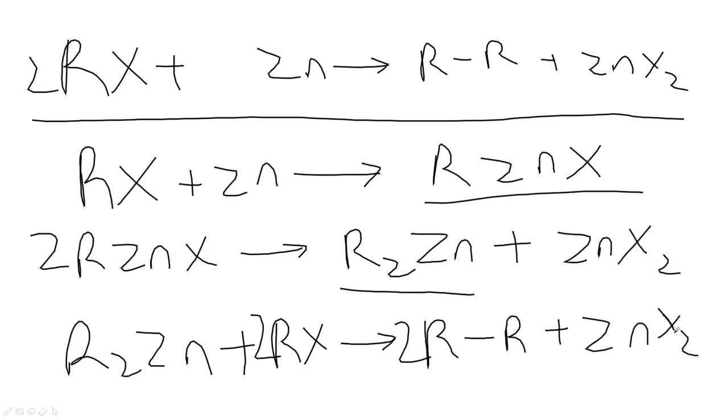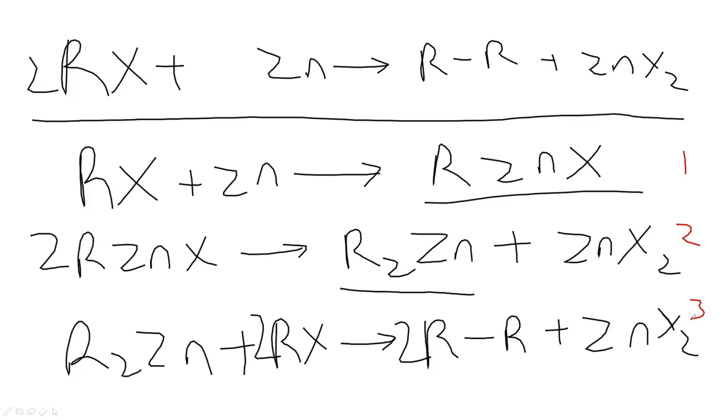Now, as we've seen from the 3 equations, let me just number them. This is the first equation, this is the second, and this is the third equation. So we can see this is a 3-step mechanism. The first equation is the reaction of the alkyl halide with zinc, and this will lead to the formation of an organozinc compound, and that's the RZnX.